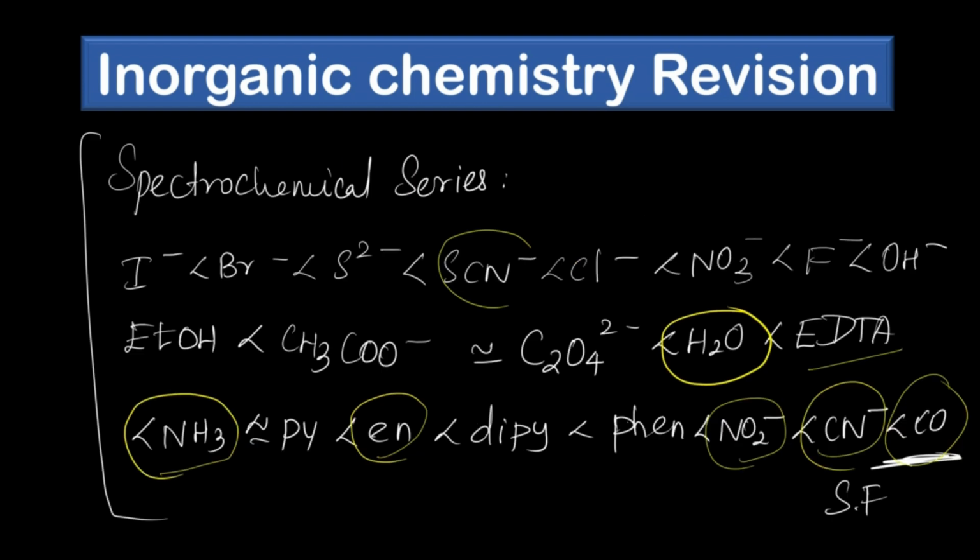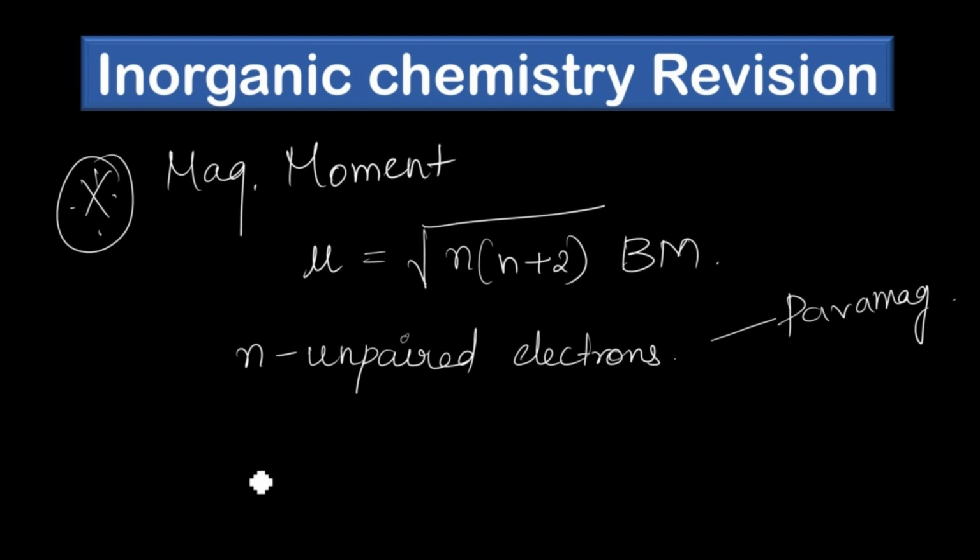Now I'm going to give you a trick, which I already told you in our previous videos. The number of unpaired electrons, let's say that is 1, then the mu value will be 1.73.